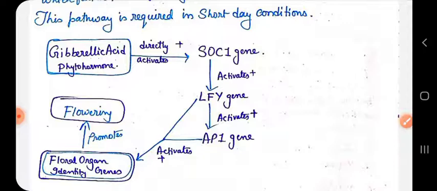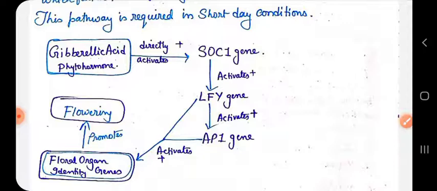Gibberellic acid regulates the flower development here that we are going to discuss now. It also regulates the stem elongation, then leaf and fruit senescence. Senescence is the loss of cell power to divide or grow. So it also regulates the leaf senescence, the fruit senescence.